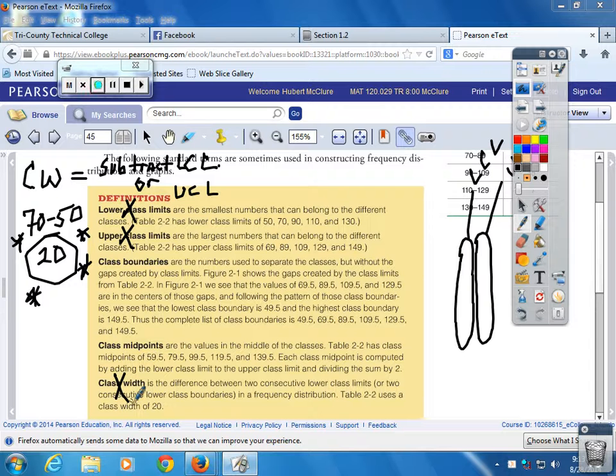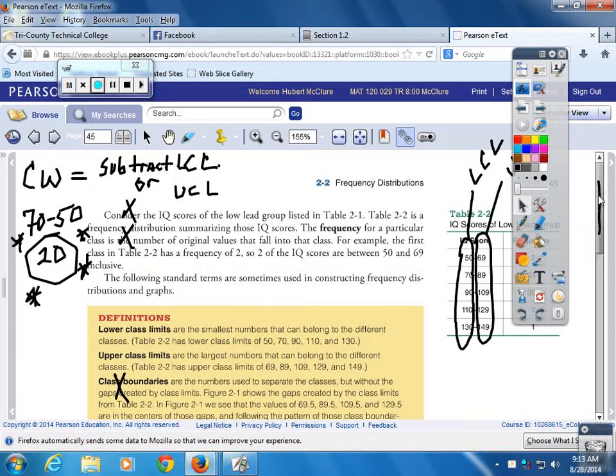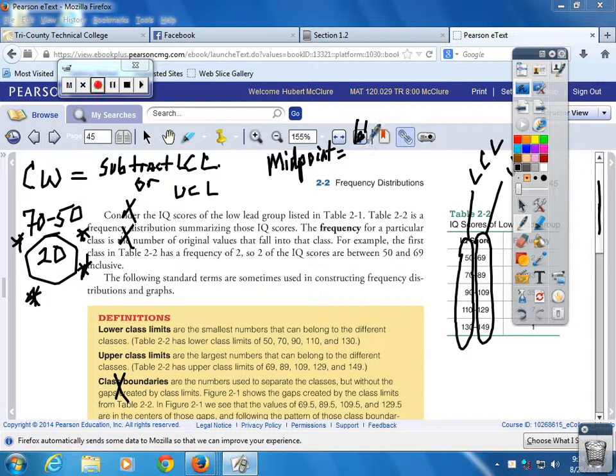Now the midpoints are very easy. Find the first one. Take your first class. That's your two limits right here, your lower class limit and your upper class limit.